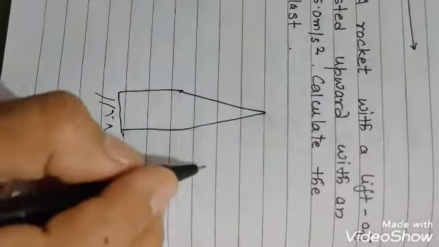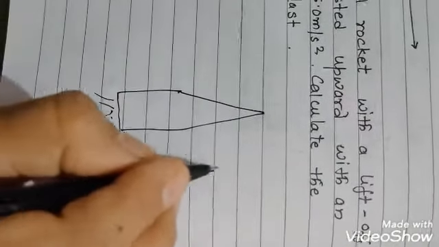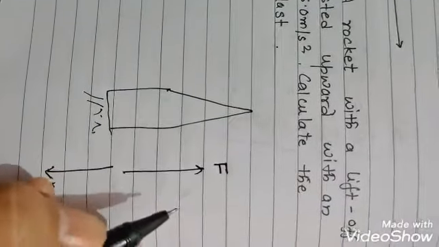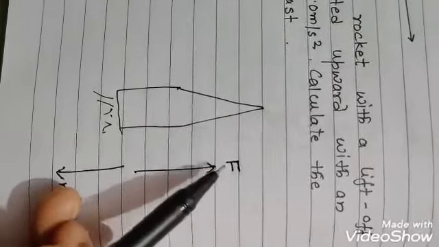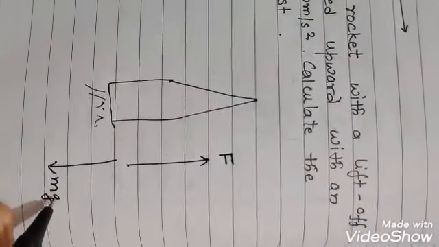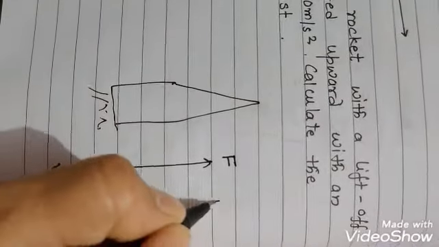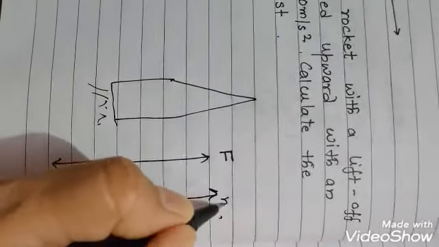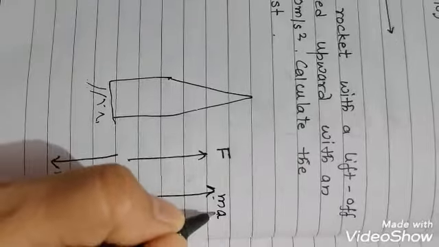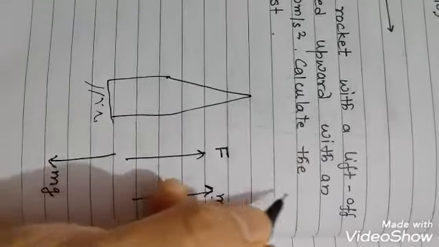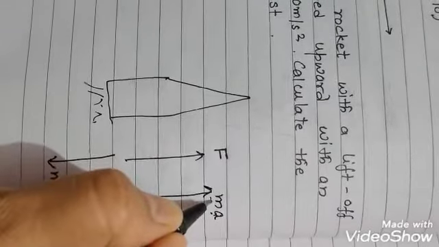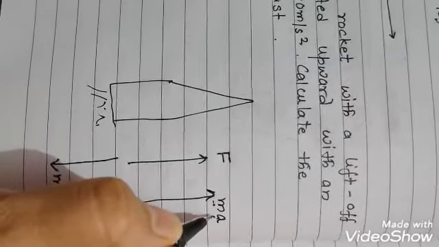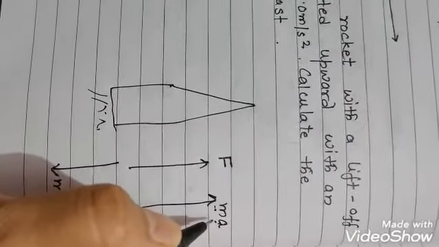To provide its initial thrust, a force F is required, so that the resultant of this F and mg will give the initial acceleration A, or you can say the ma force will be provided in the upward direction, where m is the lift-off mass of the rocket and A is the initial acceleration provided to the rocket.